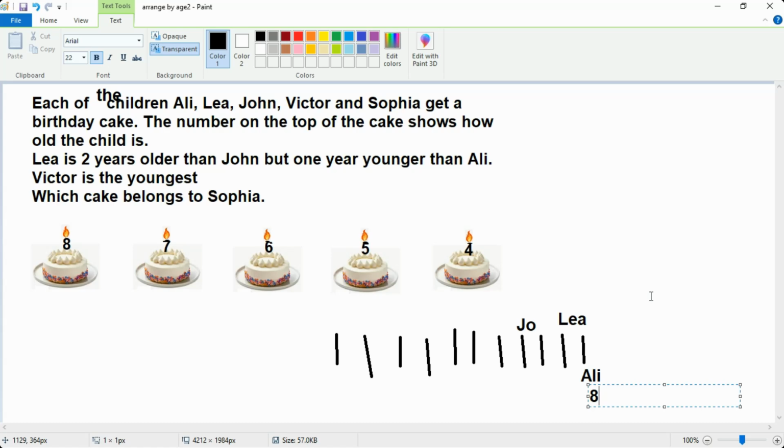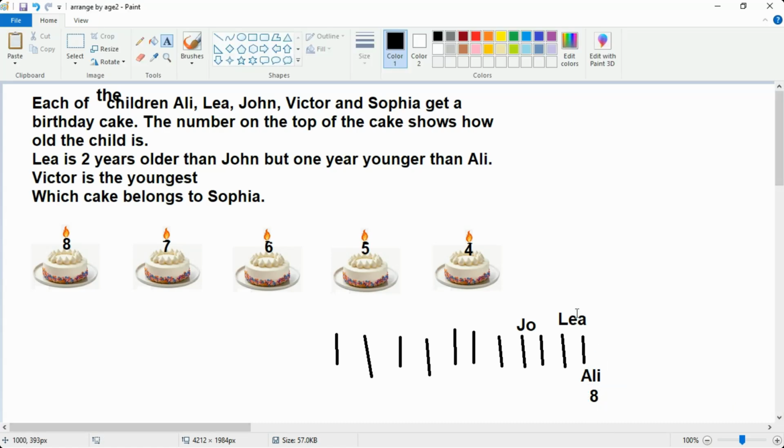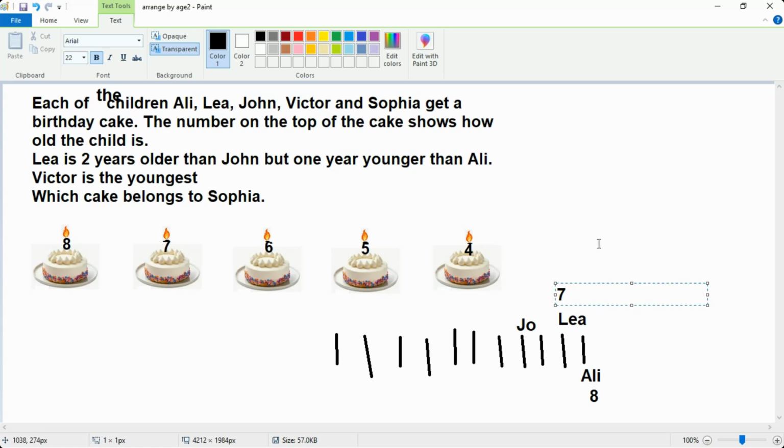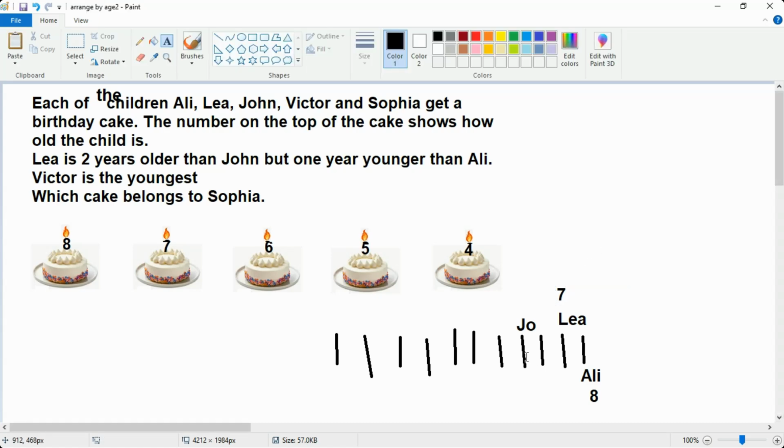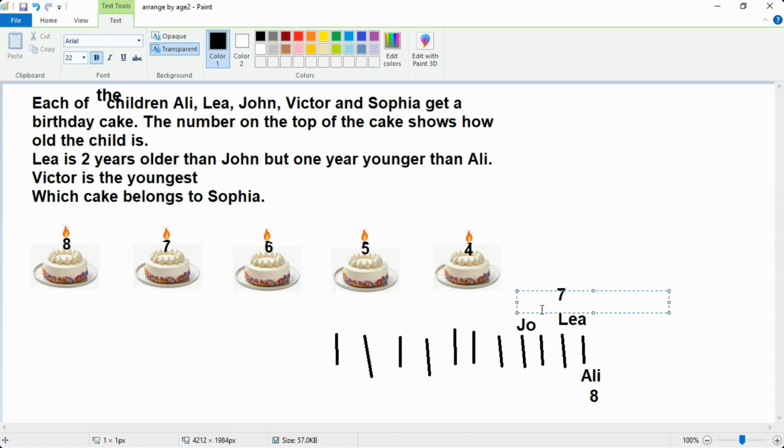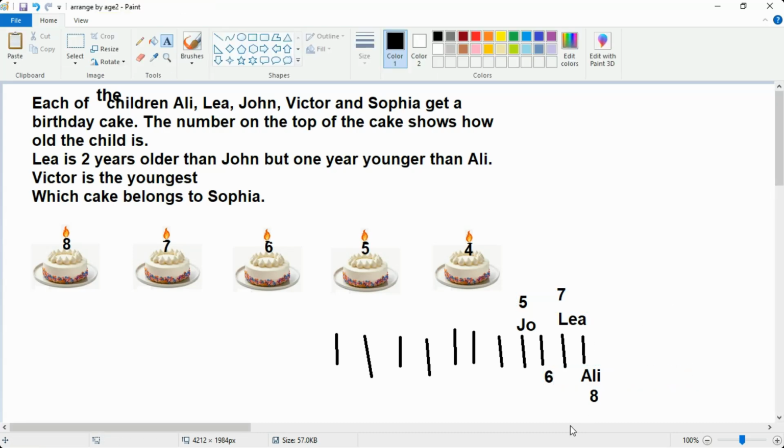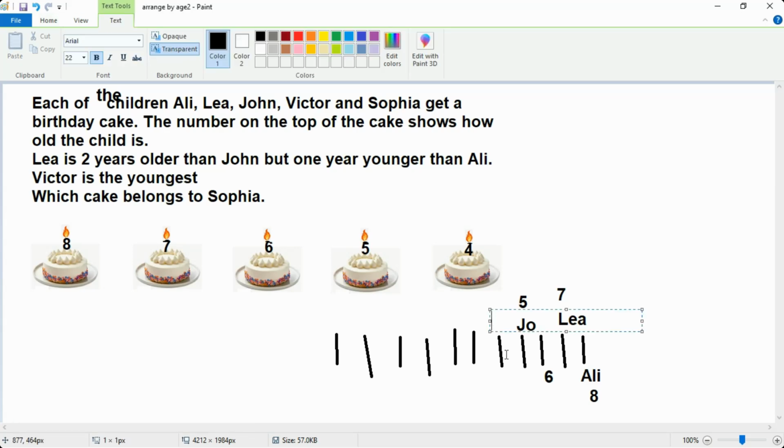If these are the ages, then Ali is 8 because Ali is the oldest, and then comes Leah, who is 1 year younger, so Leah is 7, and John is 2 years younger, so he's 5, because this one is 6. And we are told that Victor is the youngest, so this one must be Victor. So this is 4, and this is Victor.